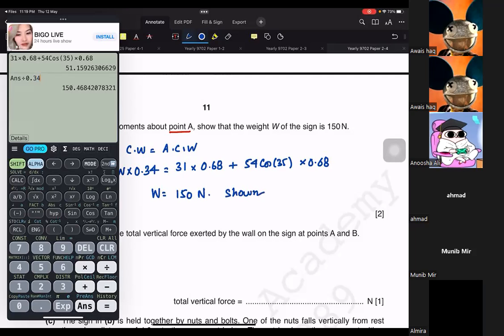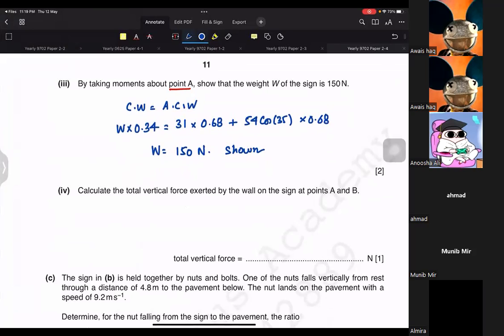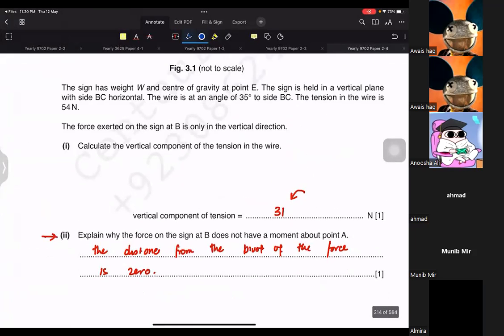Sure. Calculate the total vertical force. Can you please show me what you wrote for point 2? Just one second. The distance from the pivot of the force is 0. I don't get this. Could you explain, please?